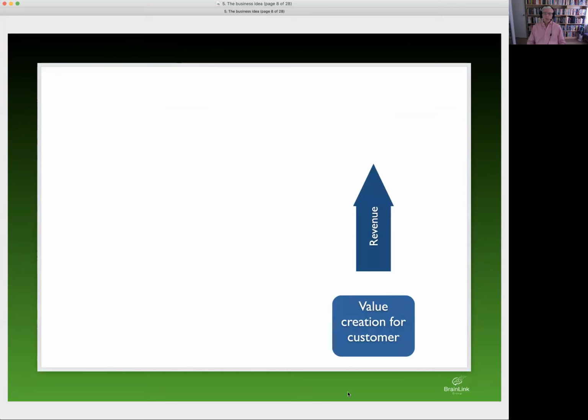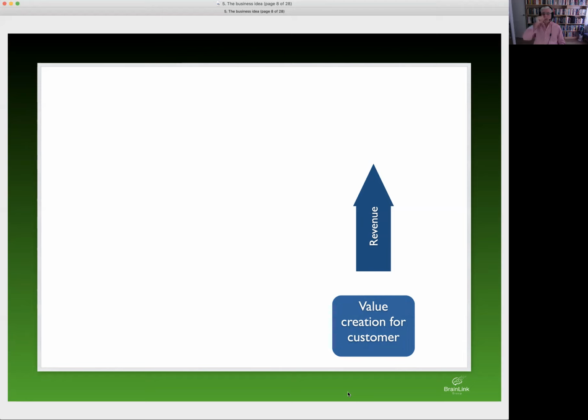So if you pick a starting point in this discussion, let's start with the fact that we need to, at some point in time, create value for our customers. So the creation of value for your customers then creates revenue for your organization. Now, if you're a public sector organization and you don't actually derive the revenue directly from your customers, recognize that you are given a budget allocation by the government.